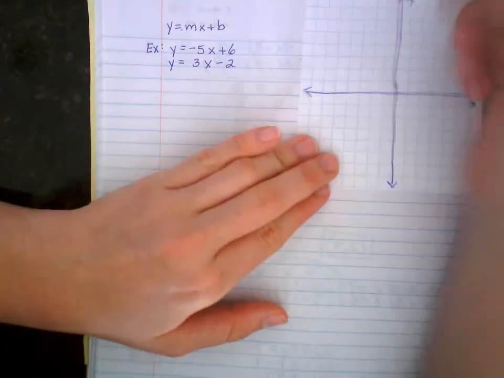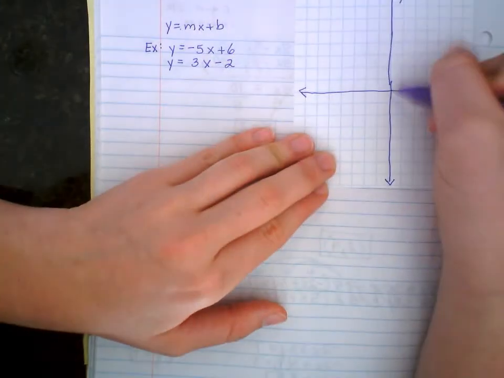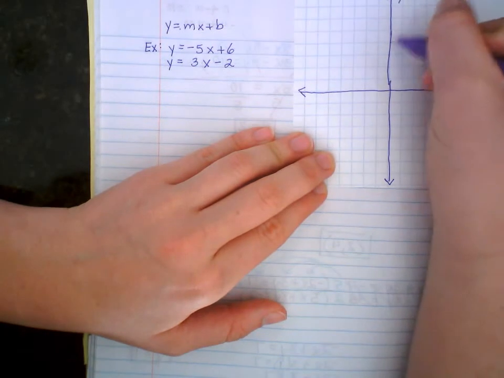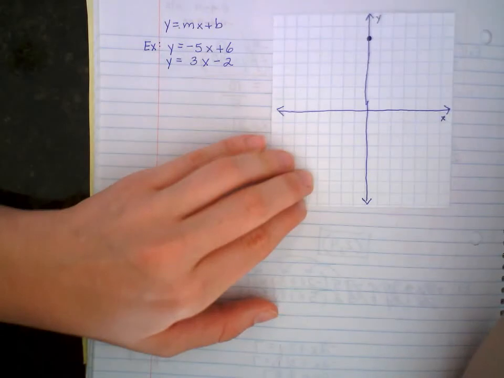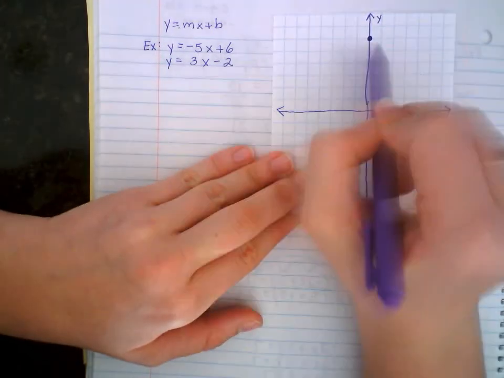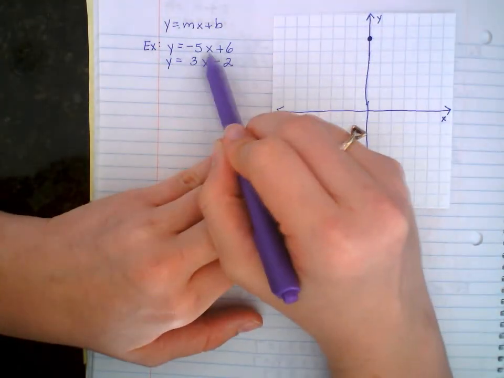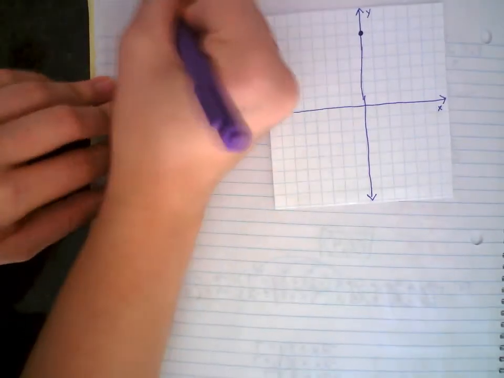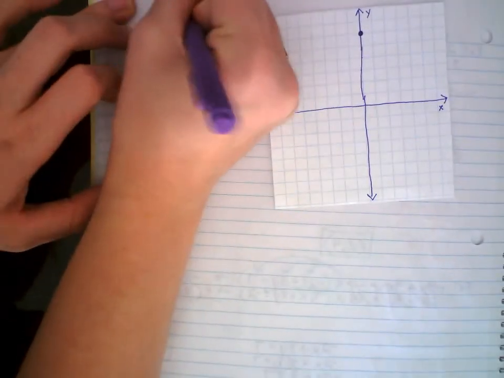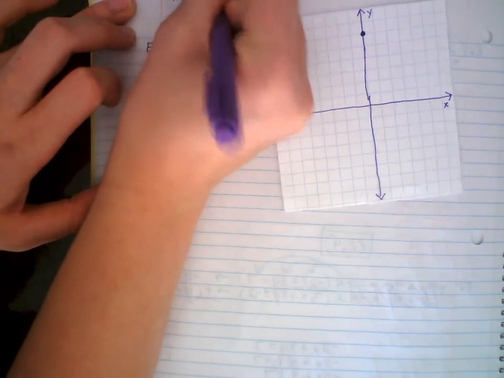So b, our y-intercept, is 6. On the y-axis, we go up 6: 1, 2, 3, 4, 5, 6. Put the dot. Now, from that y-intercept, the slope is negative 5. We know slope is rise over run.